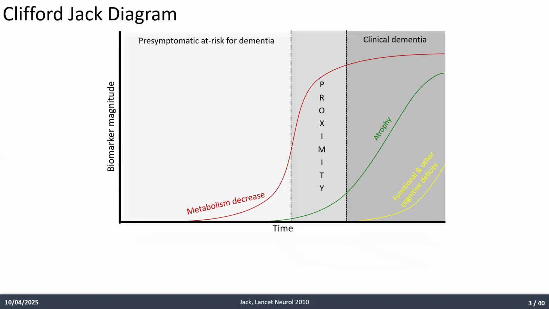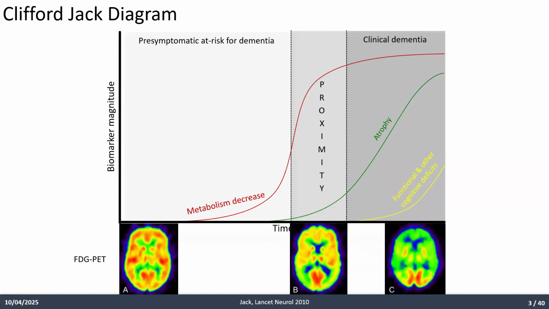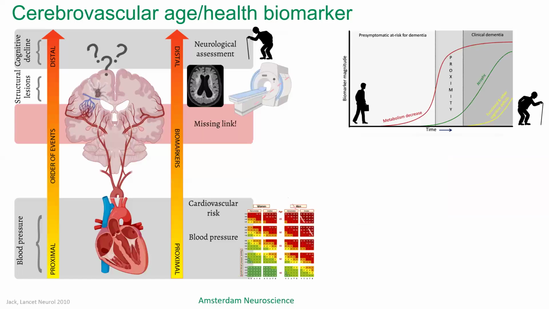Can we use ASL as a way, instead of FDG PET, to see that there's a difference in metabolism? And that is called neurovascular coupling, the relationship between the neuronal use and the demand for blood flow. So in PET, this can be very clear, glucose PET, and hopefully we could use something like that with ASL.